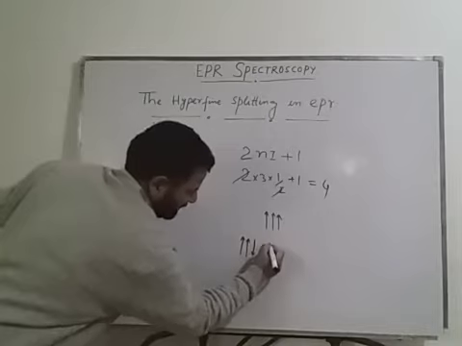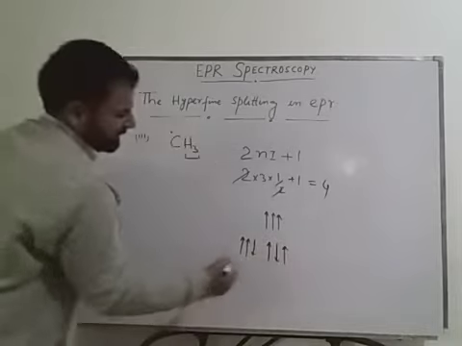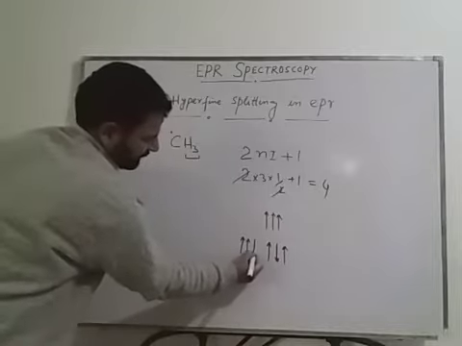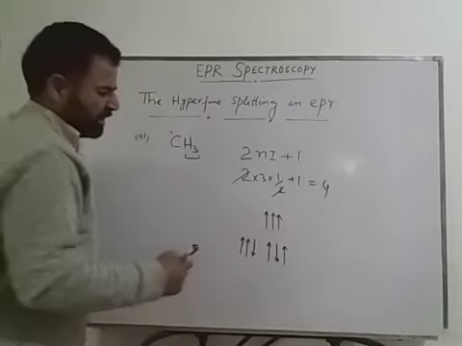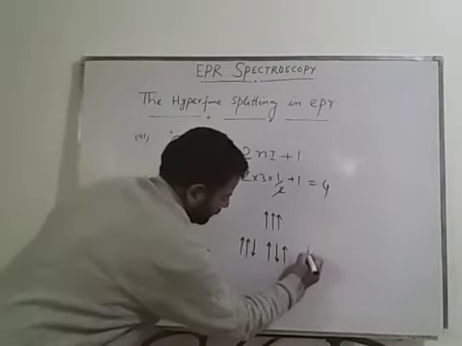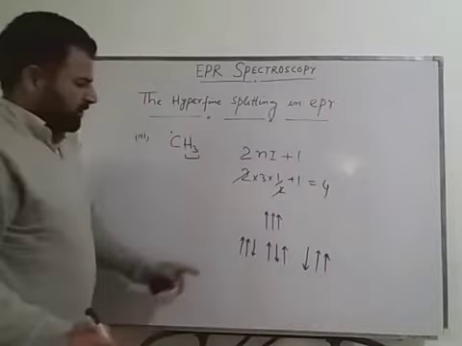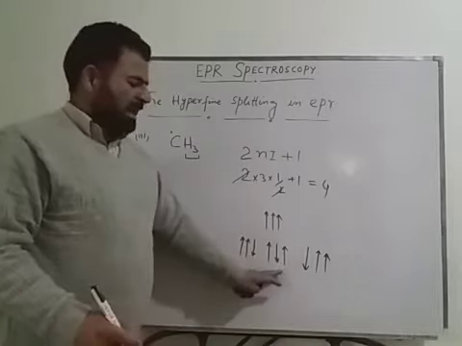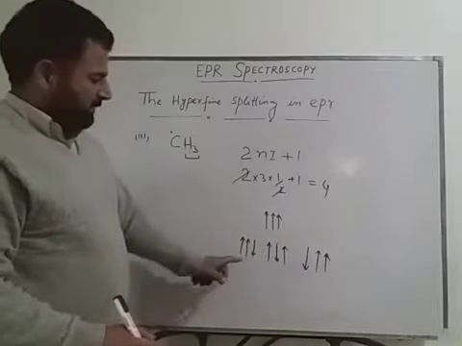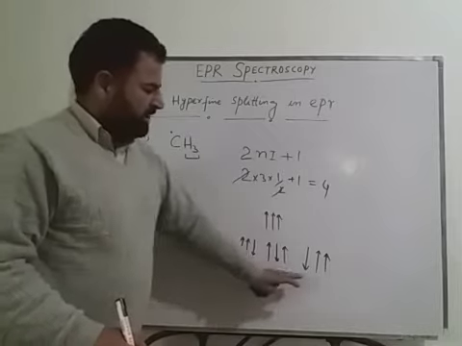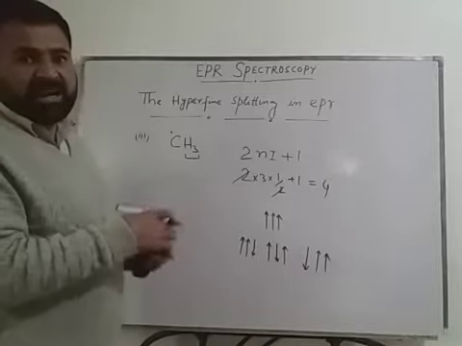The equivalent will be like this, where here also 2 will be upwards and 1 downwards. The only thing we are doing is changing the order, and we can also have this orientation. In all three cases, 2 hydrogens have upward nuclear spin and 1 has downward, and these are the only 3 possible orientations in which these can be arranged.